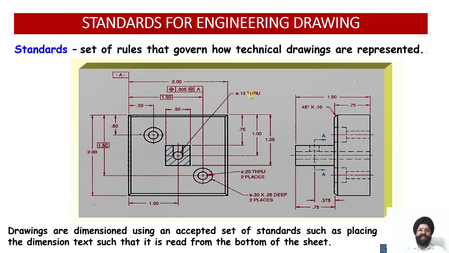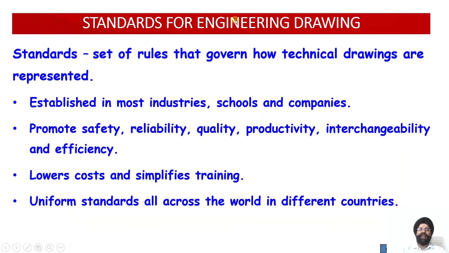In this series we are going to see the different types of standards which must be understood by engineers. Before we move on, let us see what these standards stand for. The standards, as we have discussed, are the set of rules that govern how technical drawings are prepared and represented. These standards are established in most industries, schools, and industrial organizations or companies.